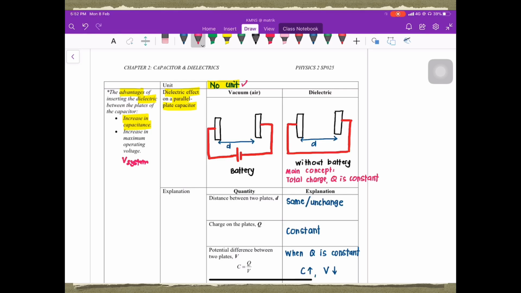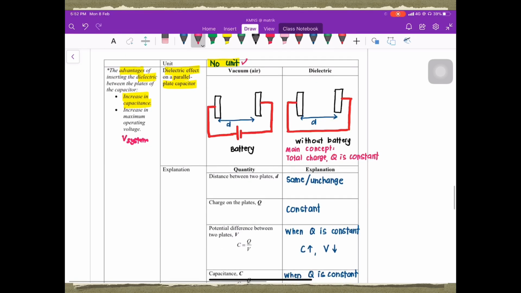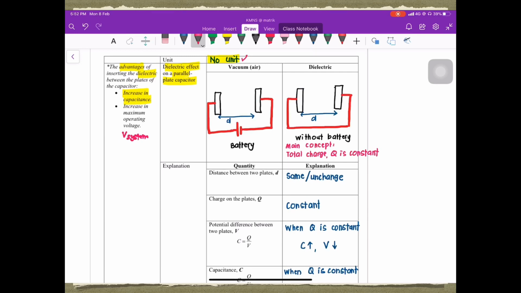Okay. Now look at the explanation. I will explain to you using the same diagram but in different media. One in vacuum, another one in dielectric. Okay, look at the vacuum first. Between these plates, this is air.